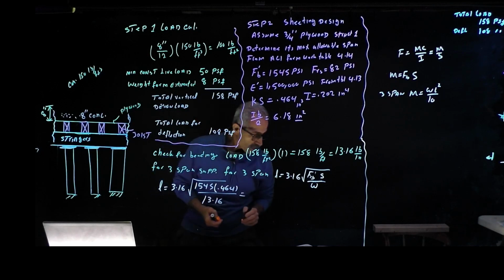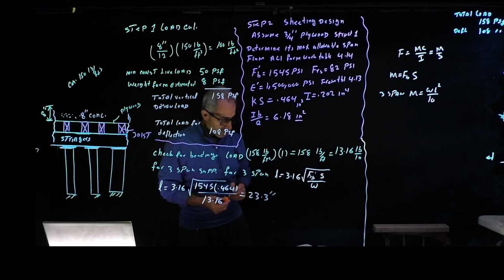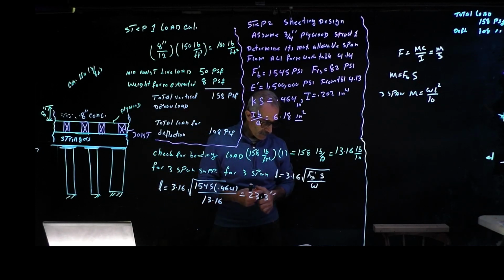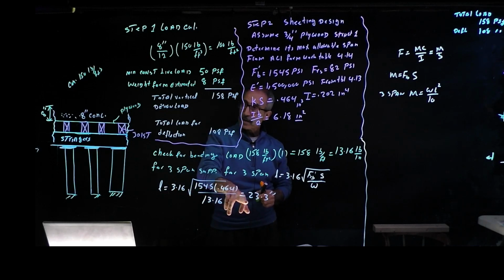That's going to come out to 23.3 inches. So this is basically telling us that the maximum span length based on bending is going to be 23.3 inches.